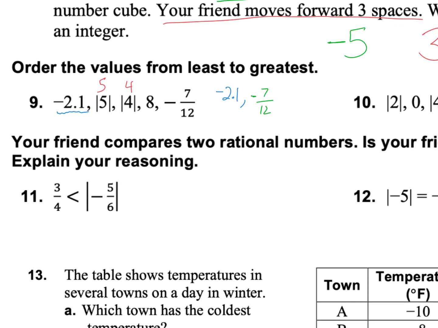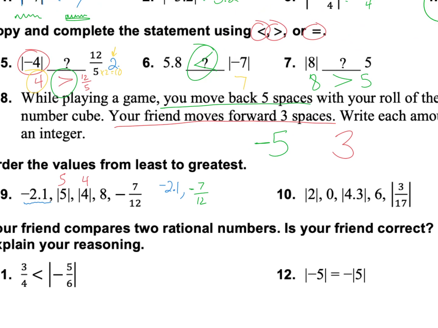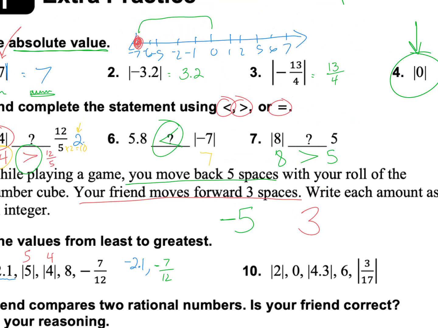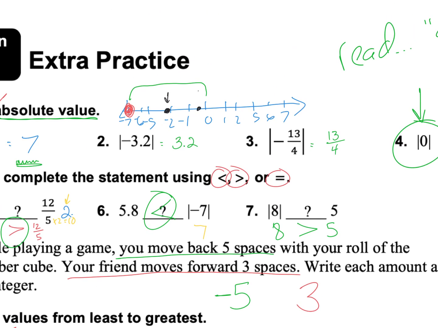And if you're like, wait, how do I know that this one is bigger? It's closer to 0. If we were to go back to our number line up here, negative 2.1 would be here-ish. Negative 2.1's there. And then negative 7/12, that's not even negative 1. So it would be somewhere like here-ish, right?